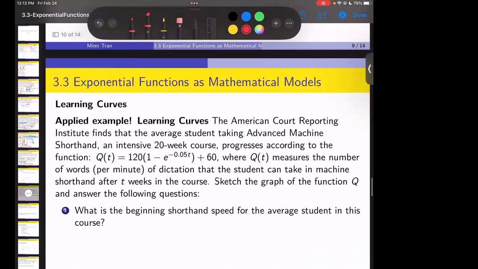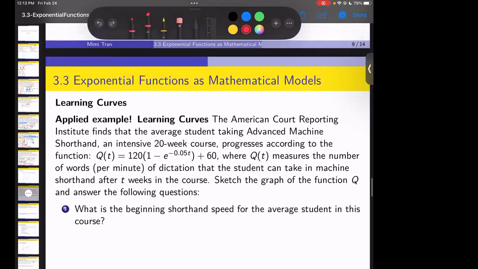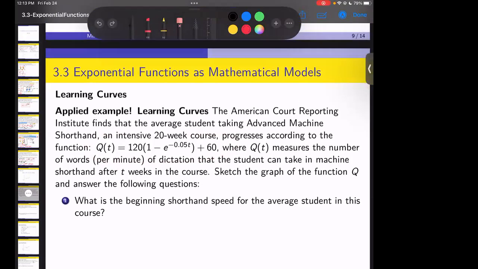Let's take a look at the example right here. An American court reporting institute finds that the average student taking advanced machine shorthand, an extensive 20-week course, progresses according to this function. If you distribute it out, it doesn't look like the one I gave you, c minus a times e to the negative kt.